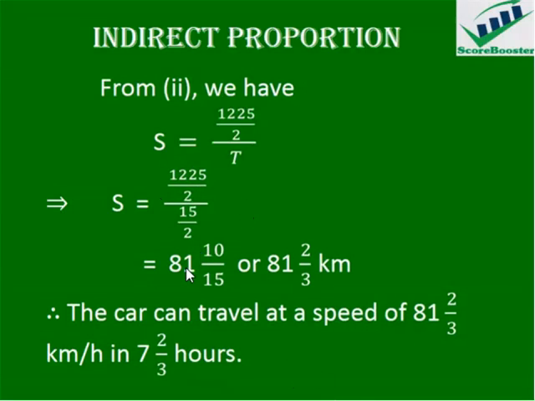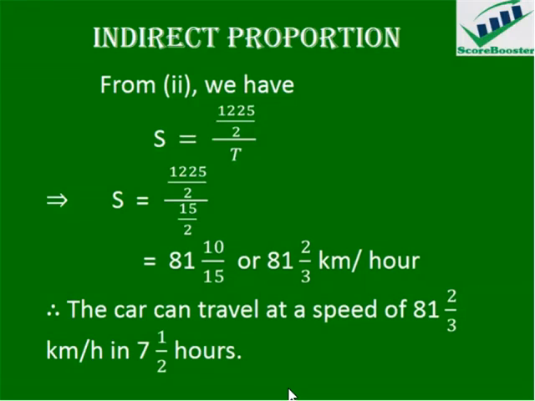So this is going to give 81 10 over 15, or you change this to its lowest term, 5 here 2, 5 here 3, 81 2/3 km per hour. So the car can travel at a speed of 81 2/3 km per hour in 7.5 hours. So that solves the second question.